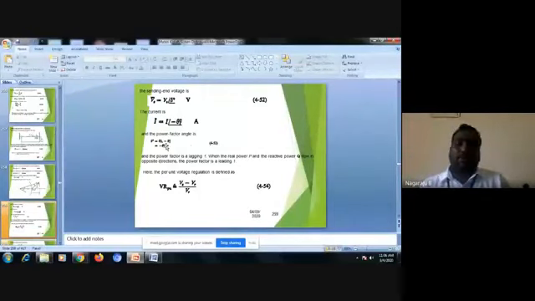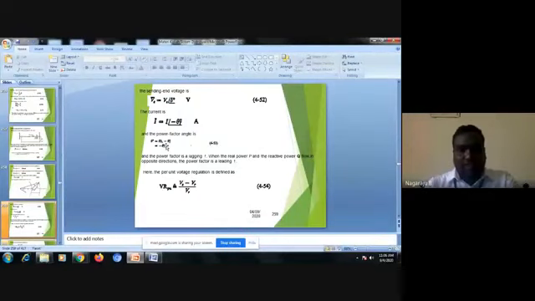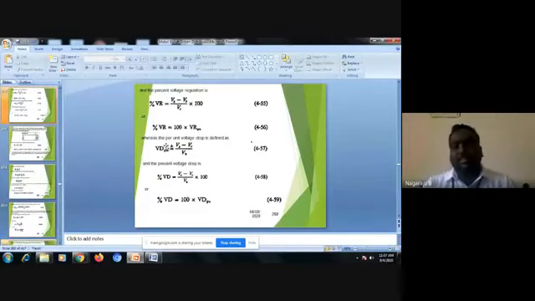So all of this is done with respect to per unit values. Voltage regulation per unit is equal to Vs minus Vr divided by Vr. When I am going for the percentage voltage regulation, Vs minus Vr divided by Vr into 100. This is about the voltage regulation.